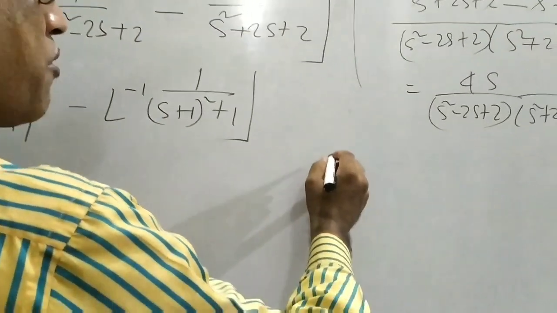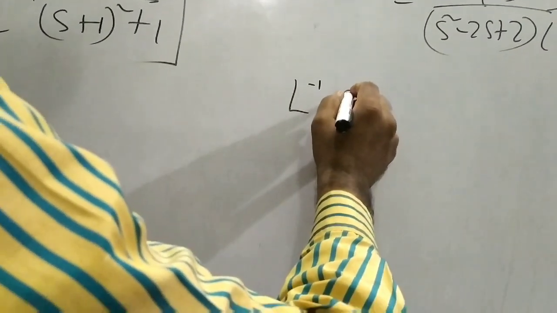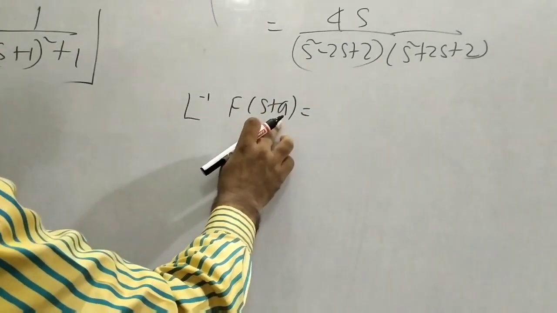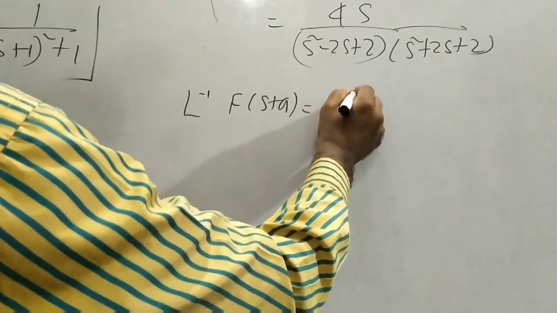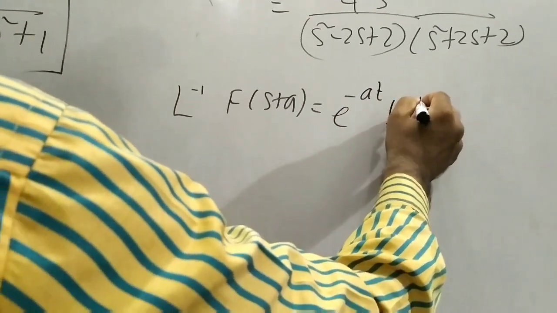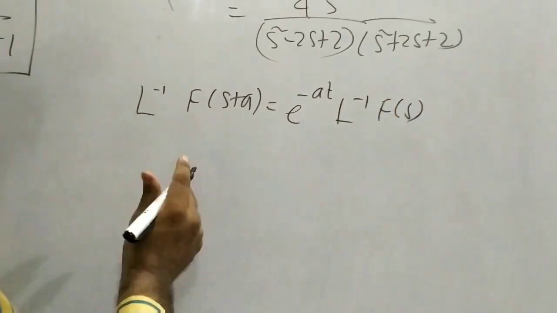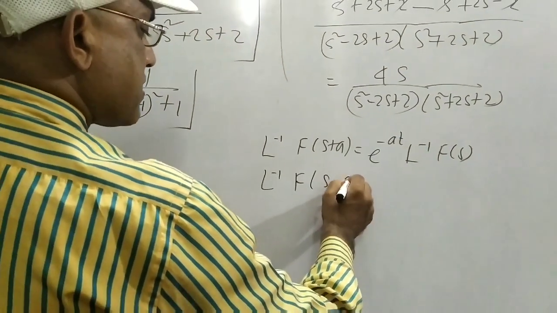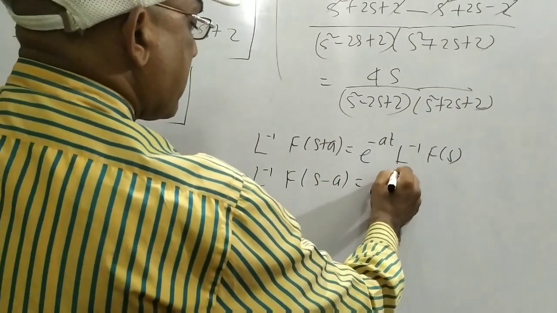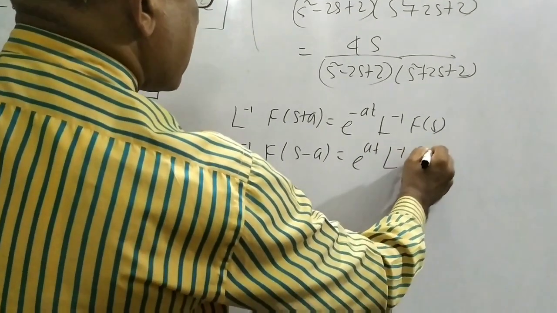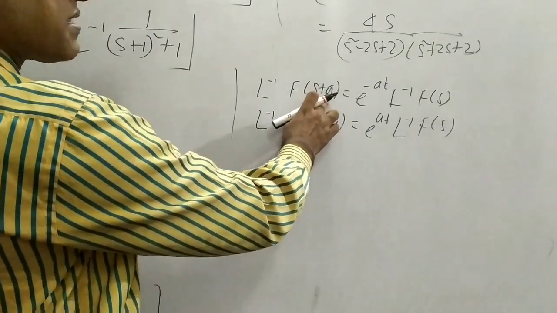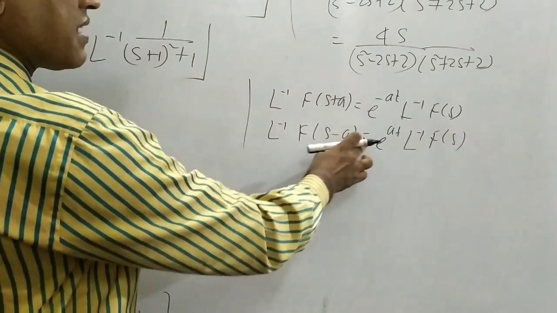Again, the first shifting property: L inverse of f of s plus a, if we remove this a, then the answer will be e to the power minus at, L inverse of f(s). And the same formula we can write in this way also: for s minus a, e to the power at, L inverse of f(s). This is our first shifting property. So if it is plus, then here minus. If it is minus, then here plus.